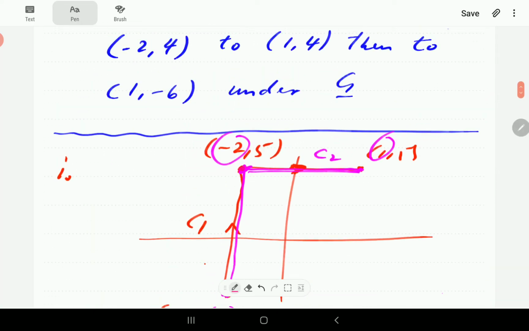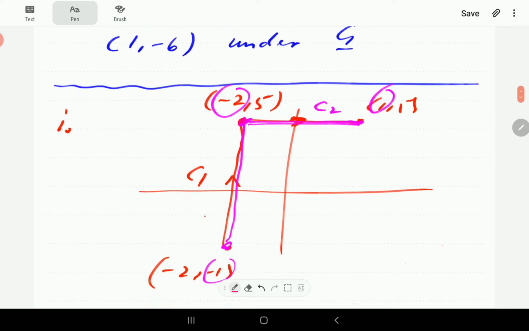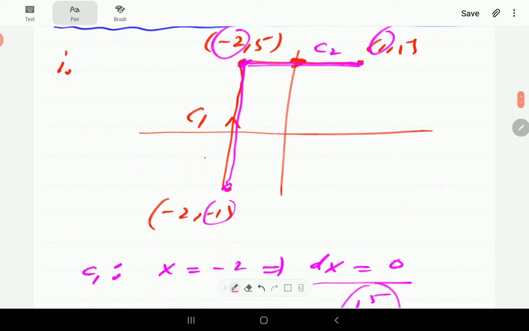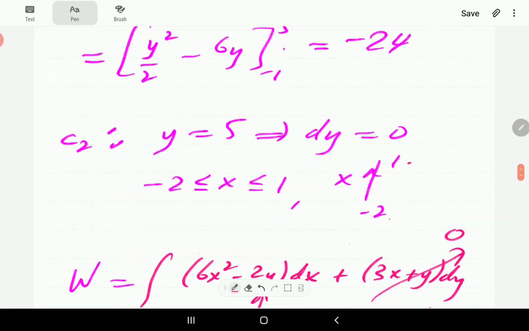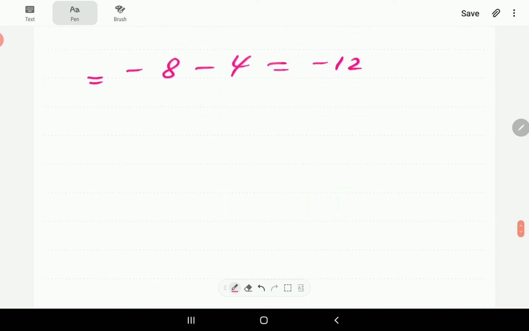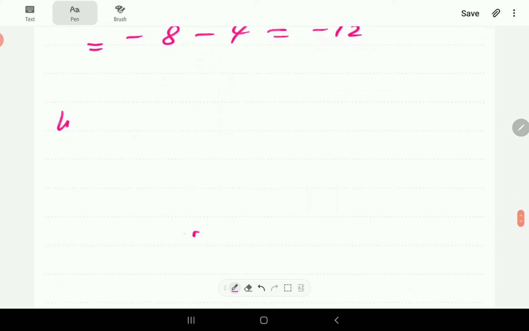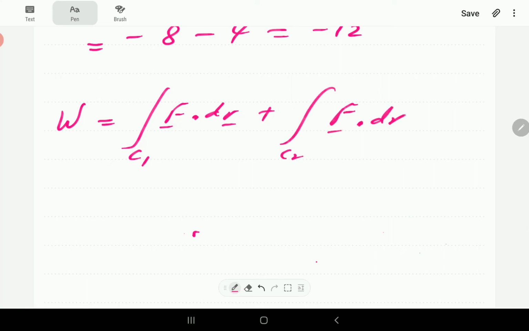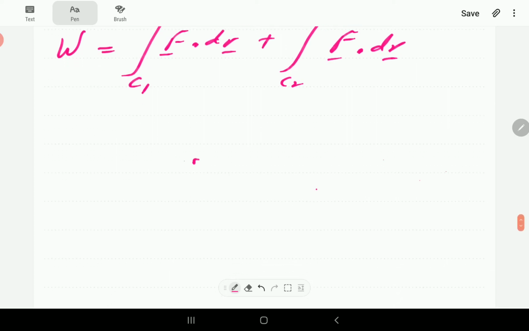So that's from -2,5 to 1,5. So the work done along the whole contour is going to be the work done along C1 plus the work done along C2. So finally, work done is going to be the integral of F dot dr along C1 plus the integral of F dot dr along C2.